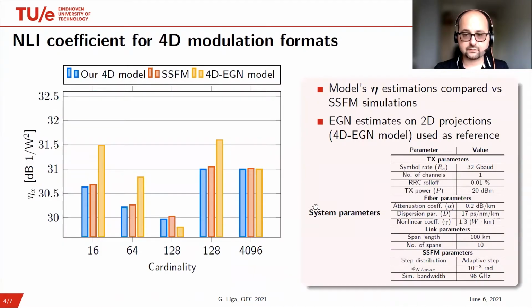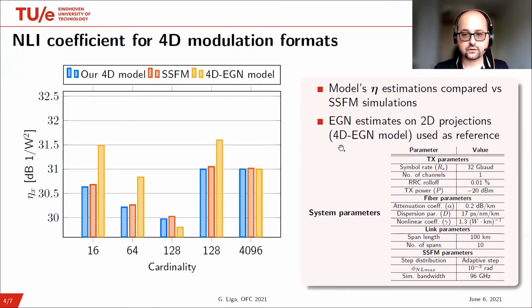Let's have a look at the numerical results for this model. We first estimated the nonlinear coefficient vector eta, containing both the values of eta x and eta y, so the two coefficients on the two polarizations. We compared these values with the split-step Fourier method estimation of the nonlinear coefficient.